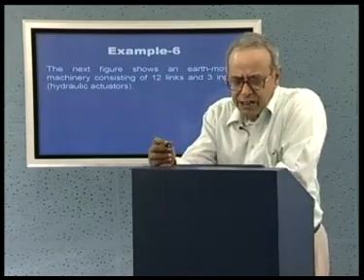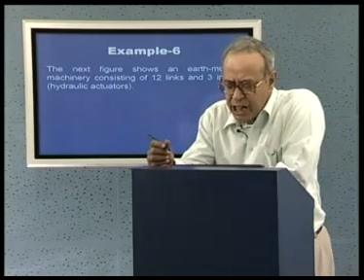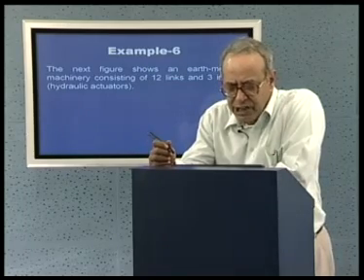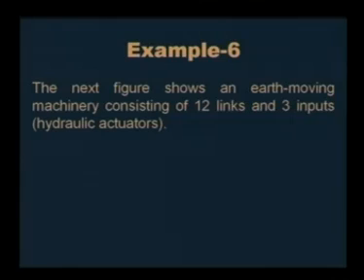Let me now state the problem that we have just solved, which was our example number 6. In example 6, we had the figure which had the kinematic diagram of an earth moving machinery consisting of 12 links and 3 inputs, which are those 3 hydraulic actuators Z1, Z2, Z3.